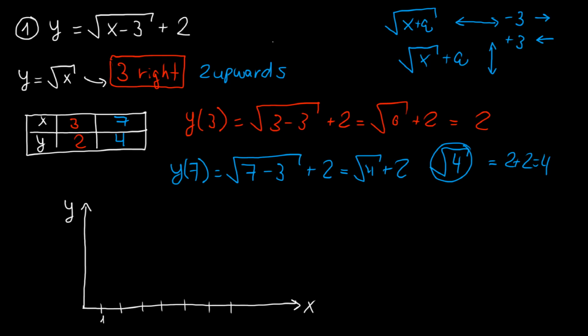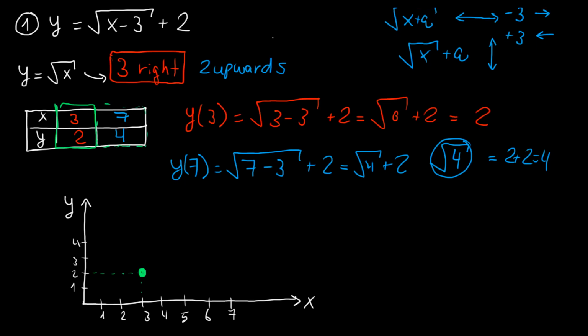Let me also label these points on my coordinate system, with the y values 1, 2, 3, 4. Our first point is right here, so our x is 3 and y is 2. And our second point is 7 and 4.